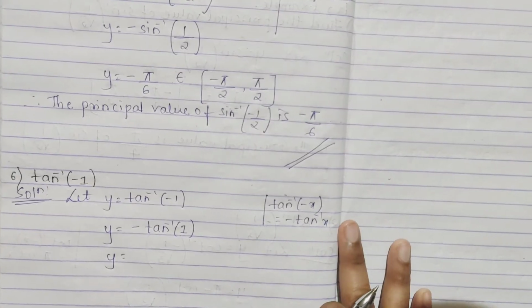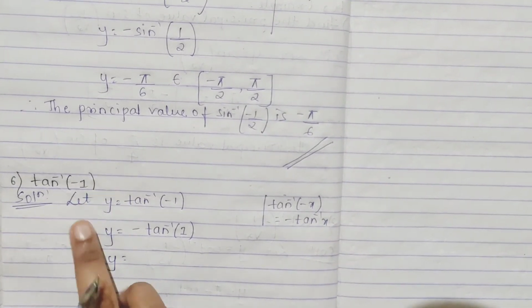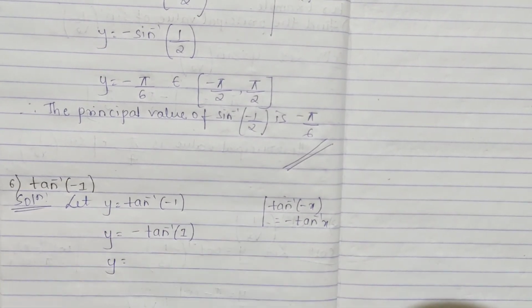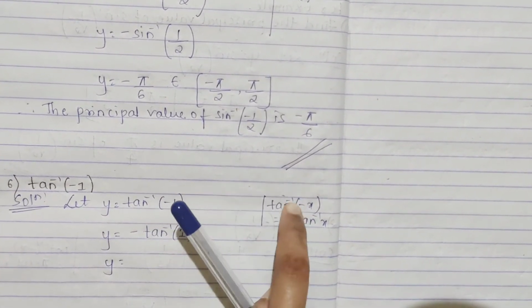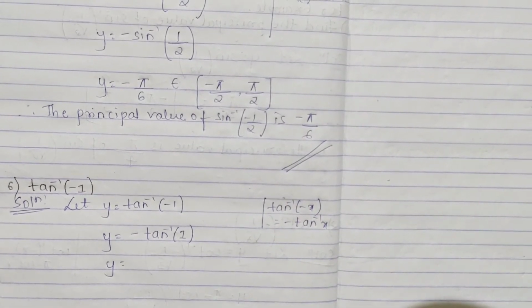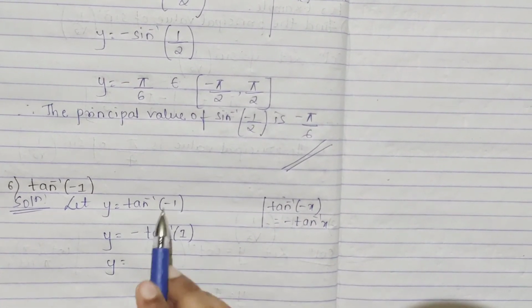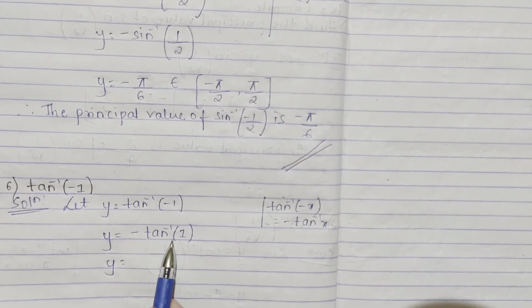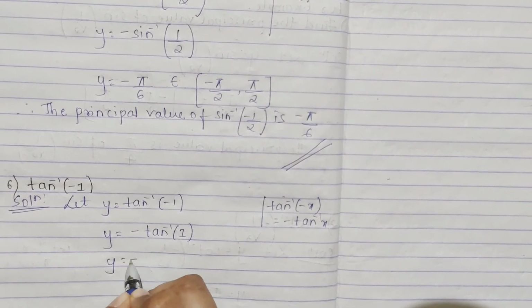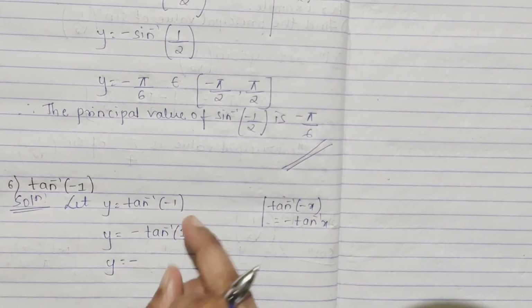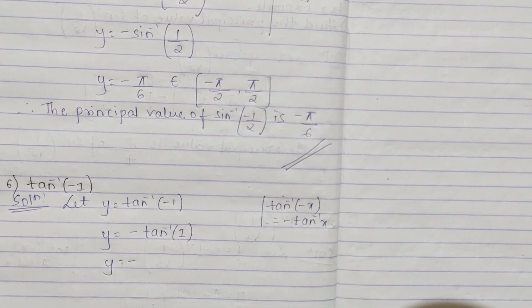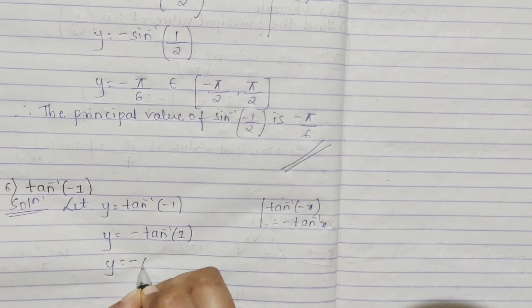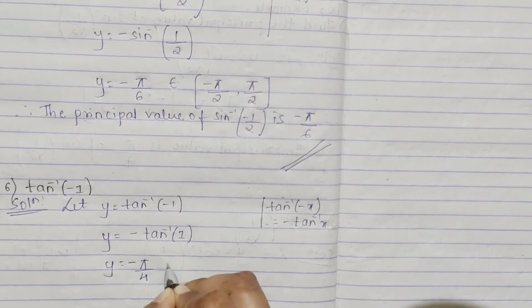Next question, tan inverse minus 1. So same way take let y be tan inverse of minus 1, and here this uses which formula, same, right. Tan inverse of minus x is what, minus tan inverse x. So tan inverse of minus 1 becomes minus tan inverse 1. Keep your minus as it is, okay. Find the value of this. Tan inverse 1 lies at which angle? It is pi by 4. Pi by 4 means 45 degree, right.